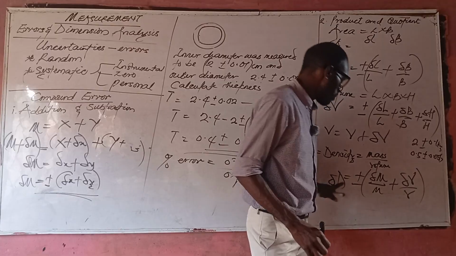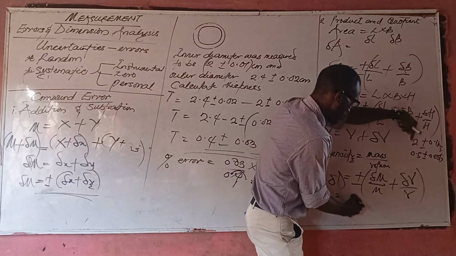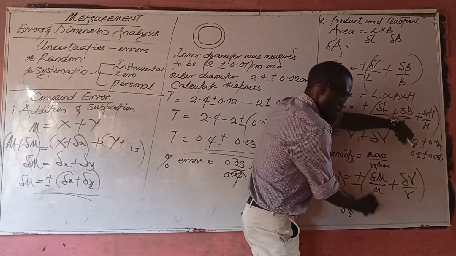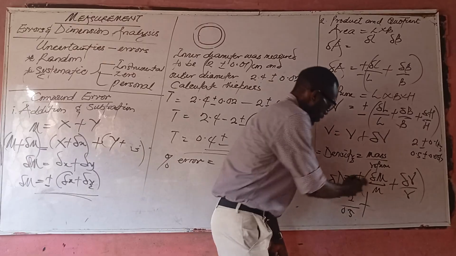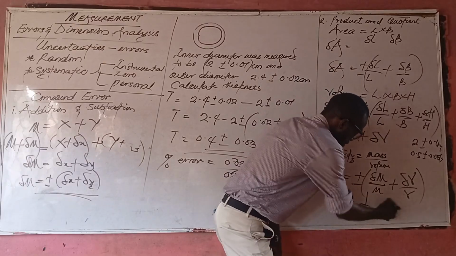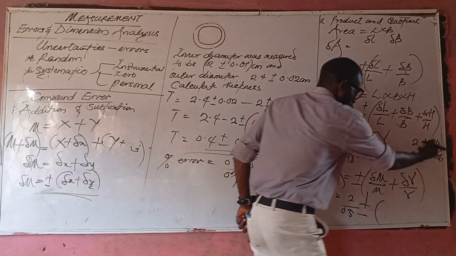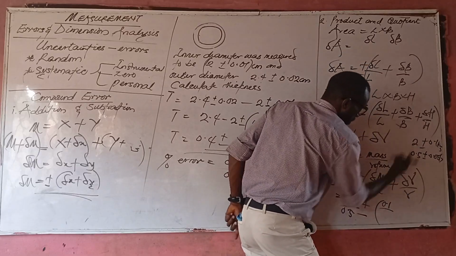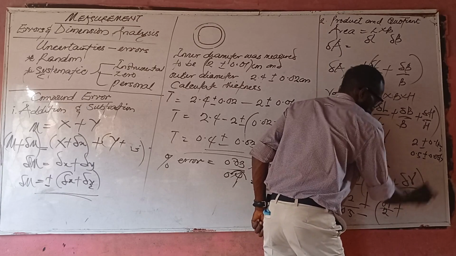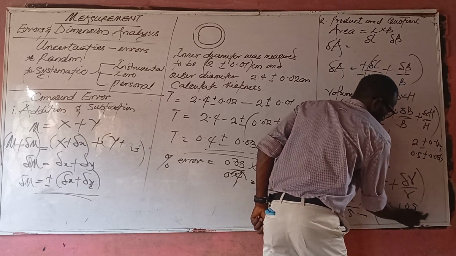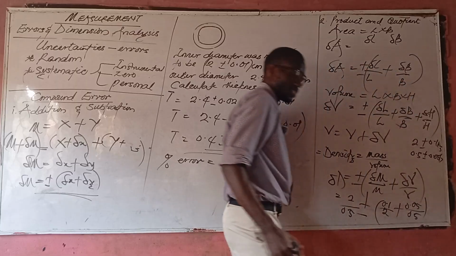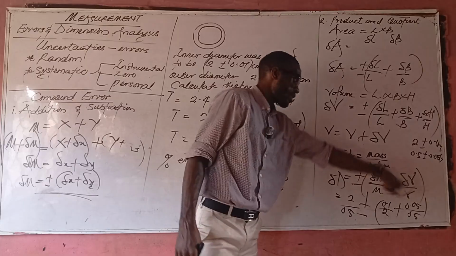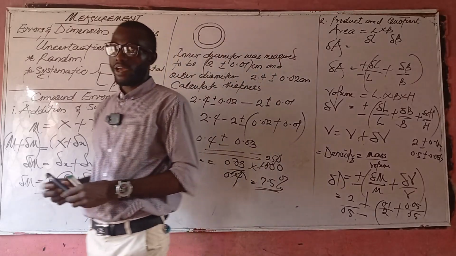To get the density, it is going to be equal to 2 over 0.5, plus or minus. What is dm? 0.1 over 2 plus 0.05 over 0.5. Do you understand now? So the answer you get here, plus or minus that will be your actual error in density.